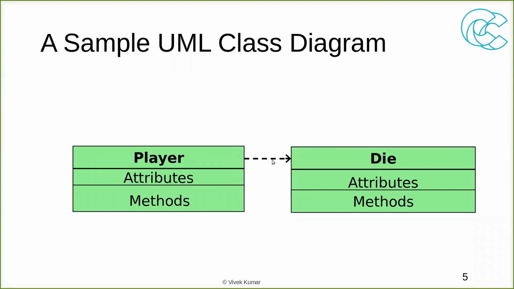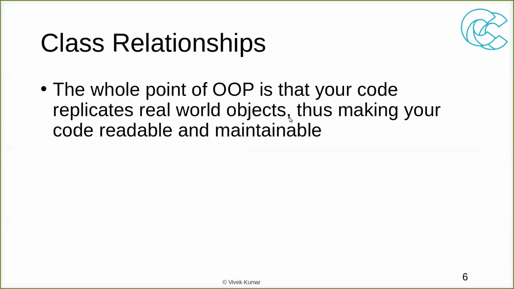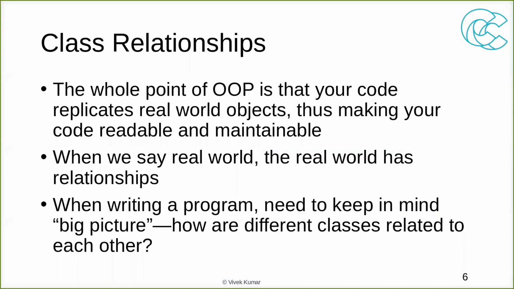This is a dashed line, which has a specific meaning. If it is a solid line, that has a separate meaning. And then there is also a dashed line with a polygon at the end. We'll be looking at that in the next couple of slides. But this is how a sample UML diagram looks, right? Okay.